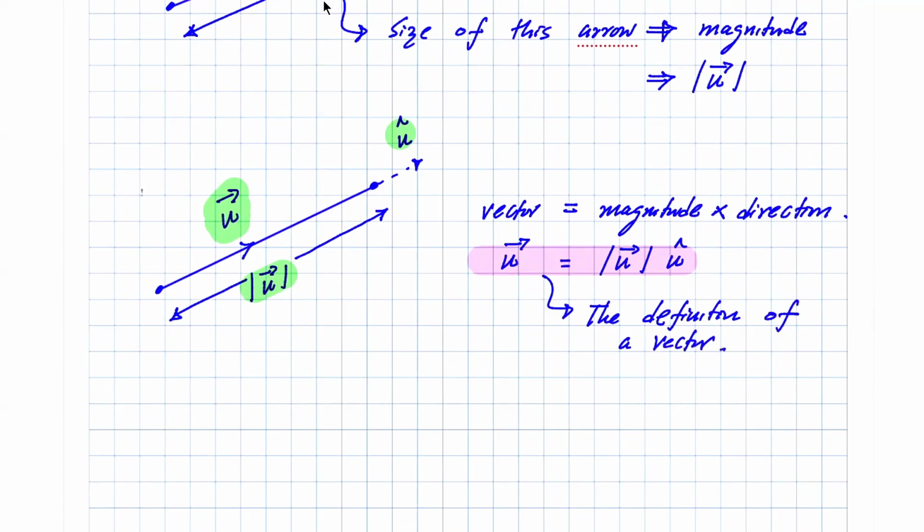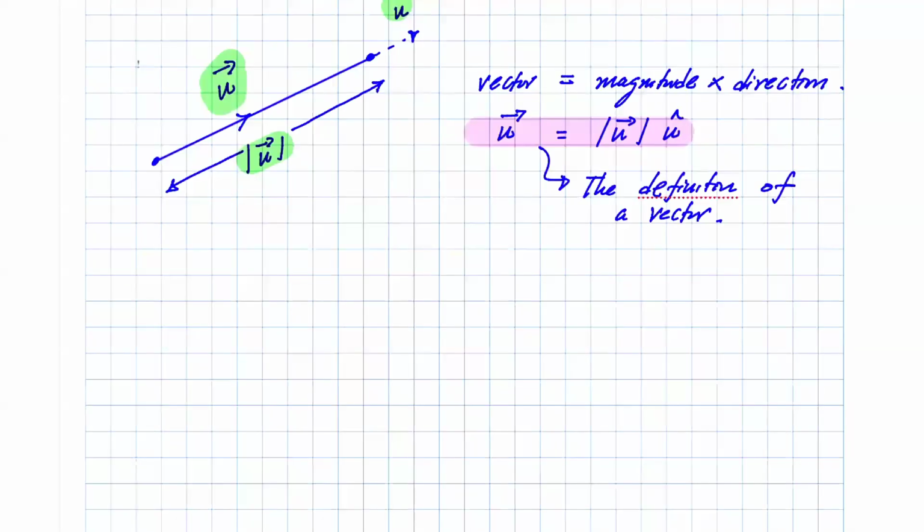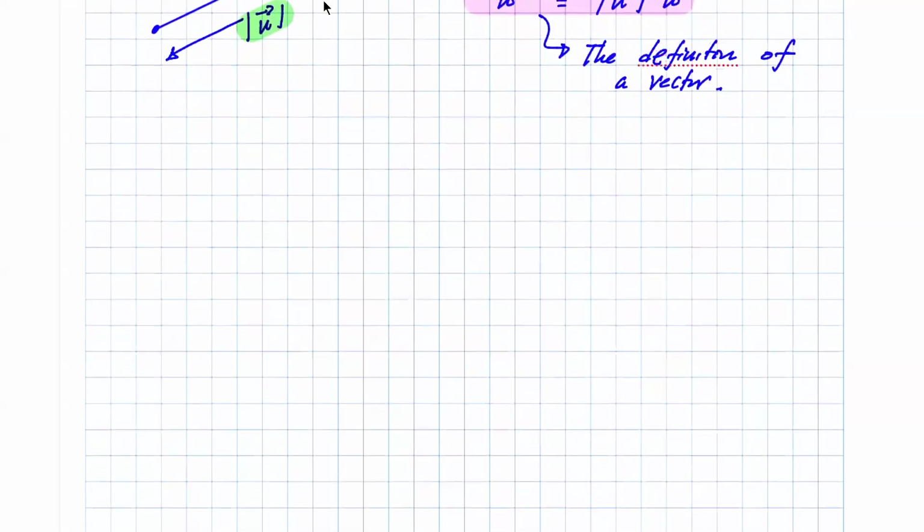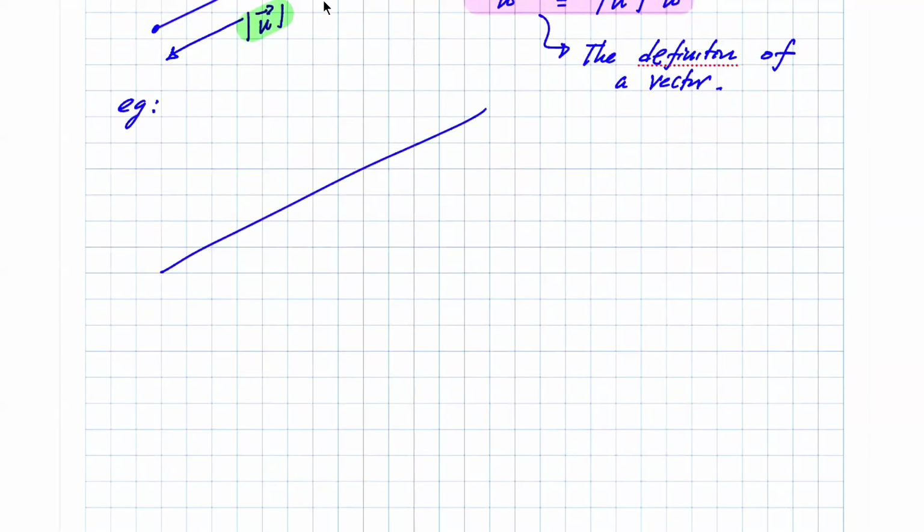Definition of a vector. Now let's think about an example. I'm going to have a vector from A to B, and this vector is V vector, for example.